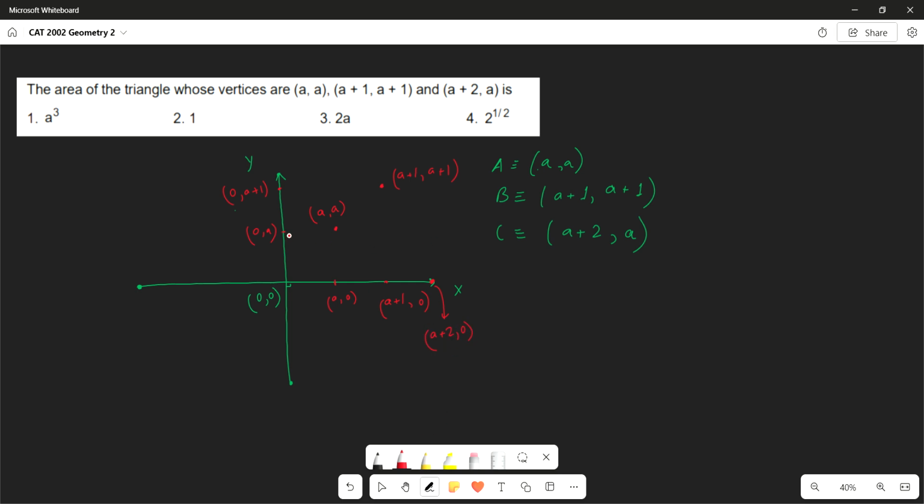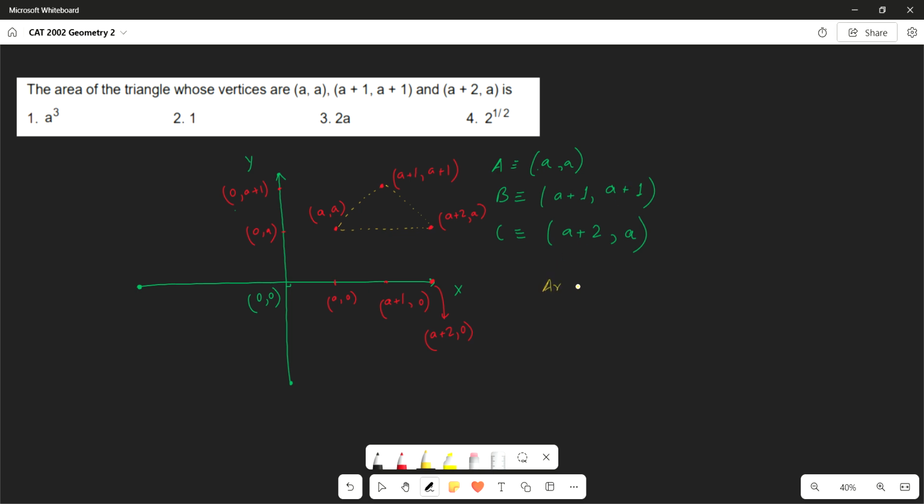I already have the y coordinate of vertex C, which is a, so it is in the same line with vertex A. So this is (a+2, a). Now I will join the vertices. See, it becomes very easy to find the area now.